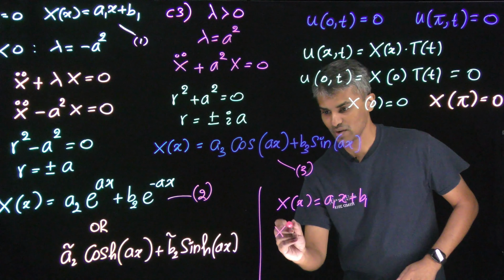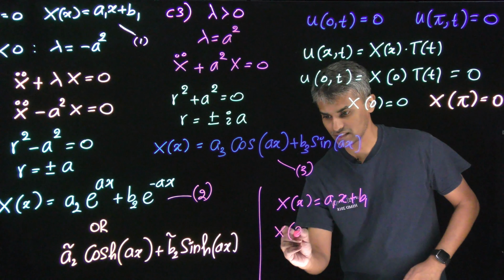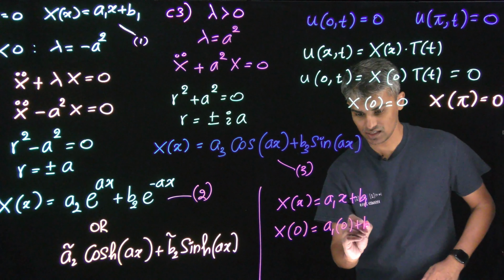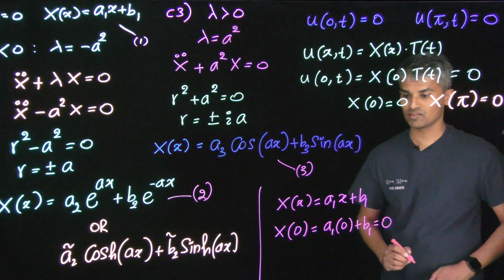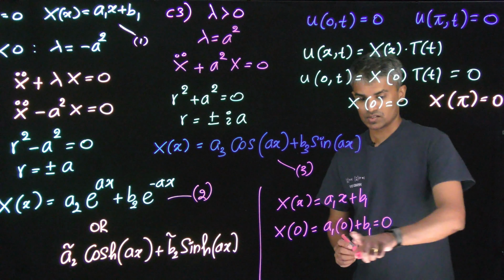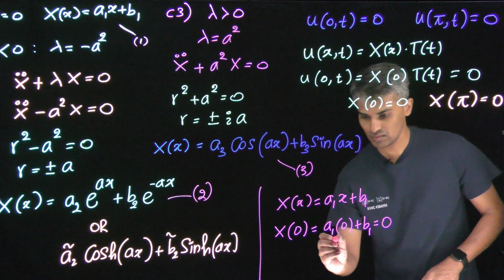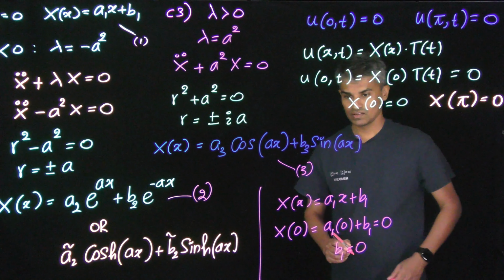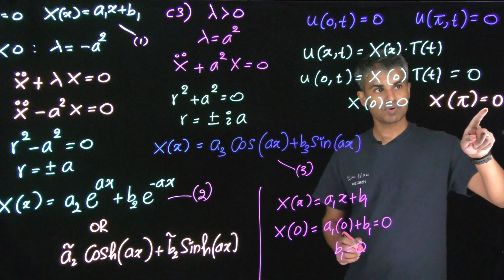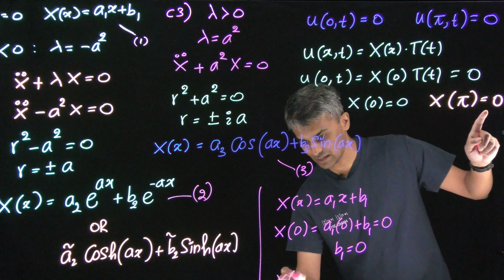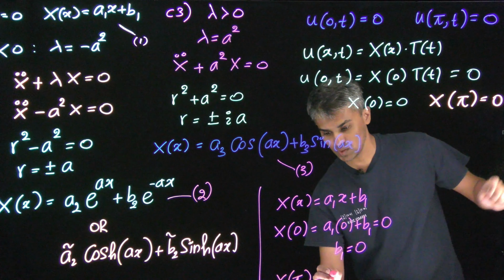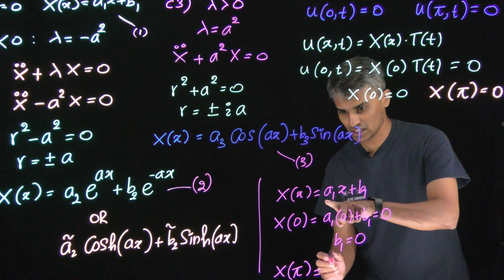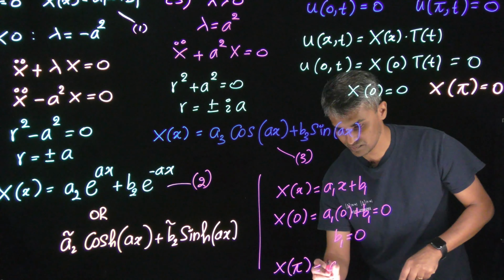So if you evaluate big X at 0, then you have a1 times 0 plus b1, and this must be 0. So this says b1 must be 0. Let's use the second boundary condition, X at pi equals 0. Now we know that b1 equals 0, therefore we have only the a1 x term.